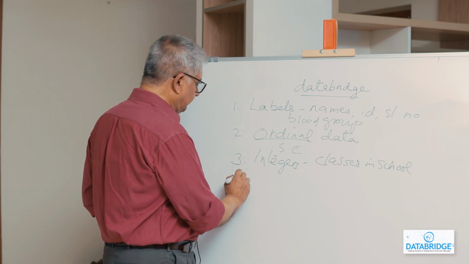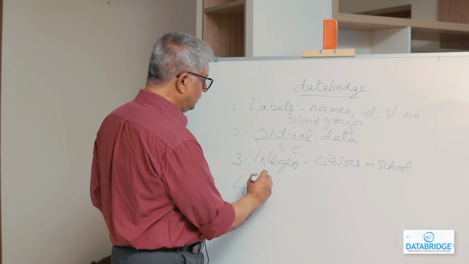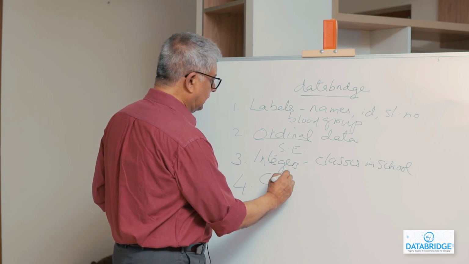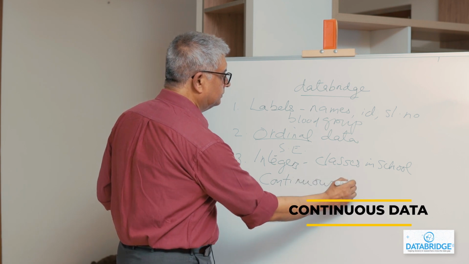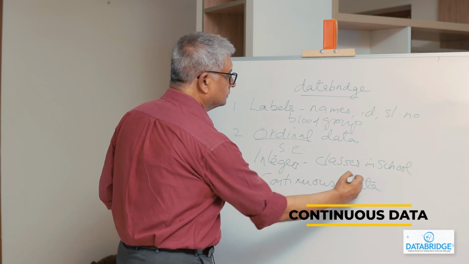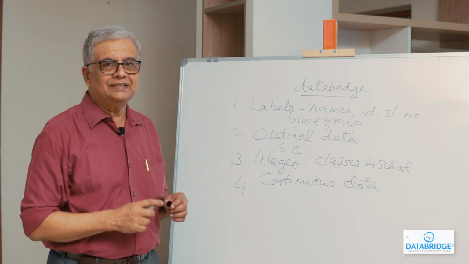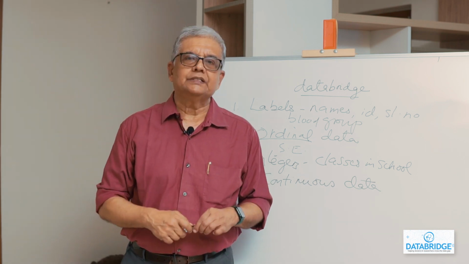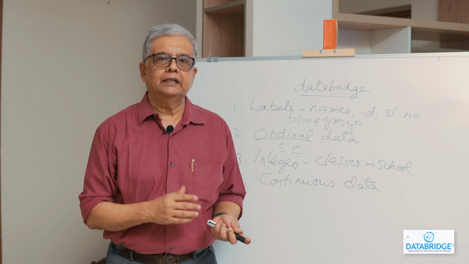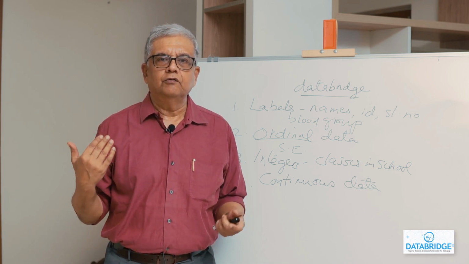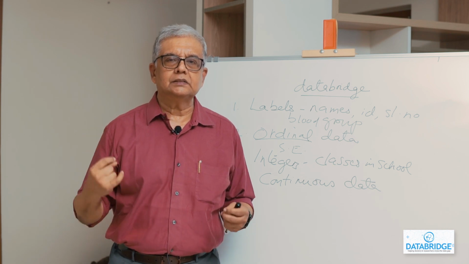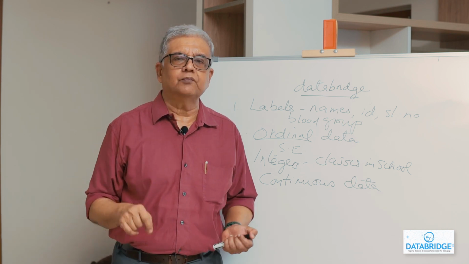And finally we have another type of data called continuous data. Continuous means something which can be measured on a continuous scale. Continuous scale is something like blood sugar or your height, which can be measured in feet. You can measure it in centimeters, then millimeters, and even fractions of millimeters.